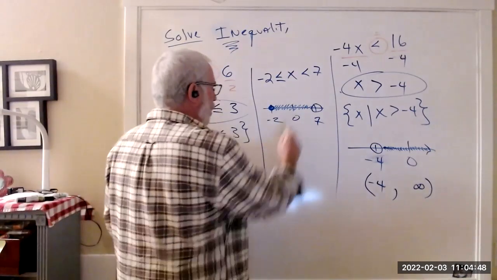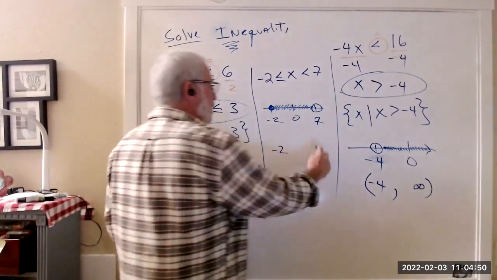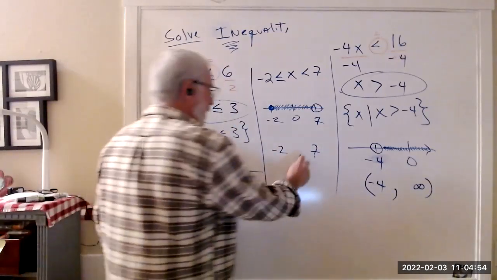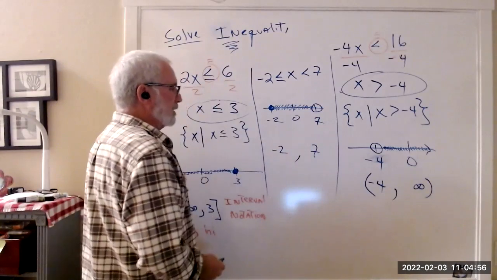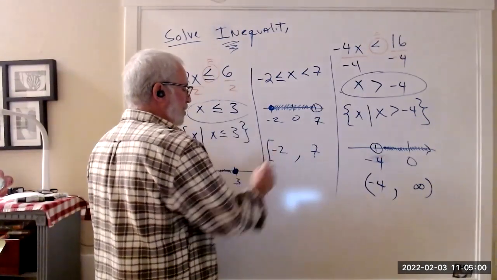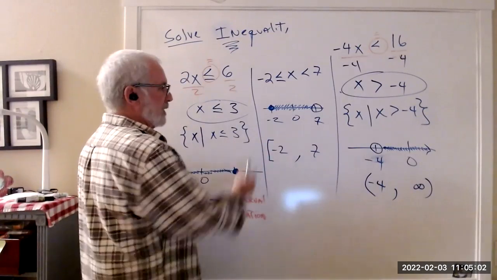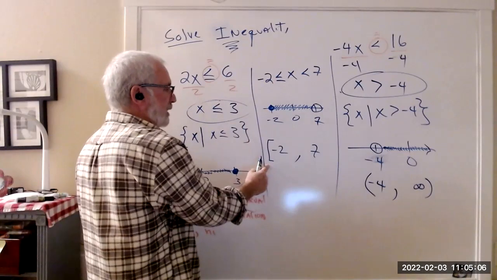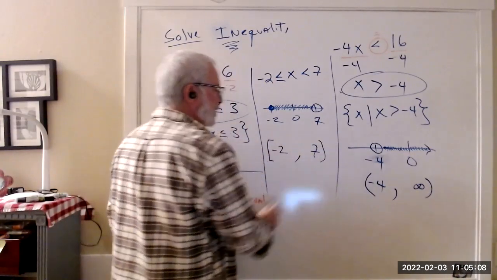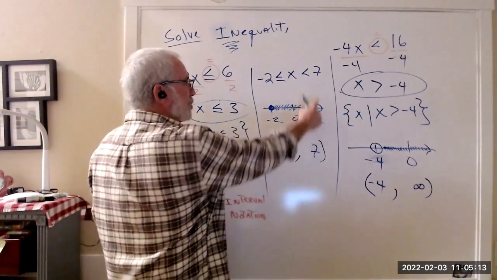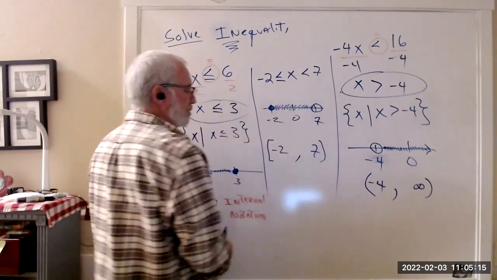The low number is -2, the high number is 7. So x is everywhere between that. I put a bracket on the -2 because it could equal it. That was a solid dot, which equals the bracket. I put a parenthesis on the 7 because it was an open circle and it was not equal.